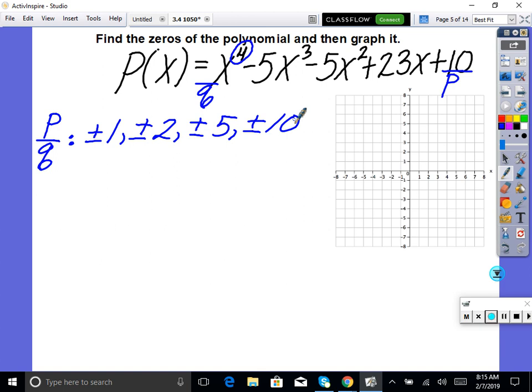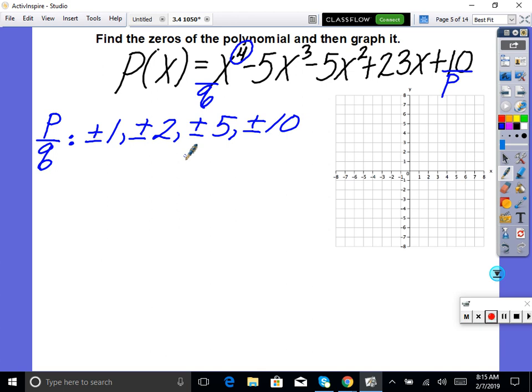Are those the only factors of P? Yes. Any other factors of 10? No. Right? Now Q, factors of Q are plus or minus 1. Do you guys see why I'm not writing it? Because all of these divided by 1 are just all of those.